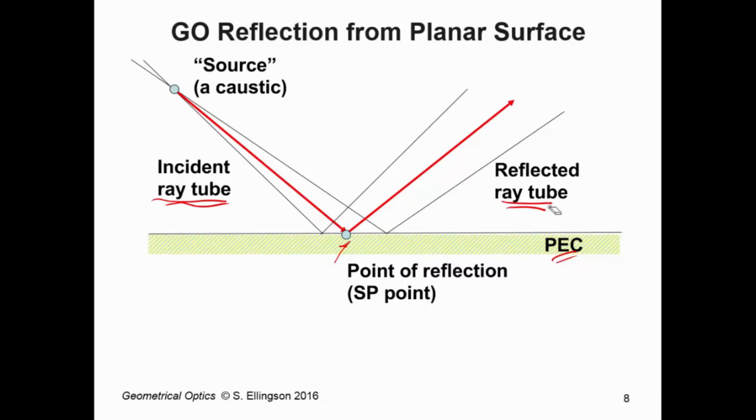Eventually, if we backtrack along the incident ray tube, there is some point, in 2 dimensions just one, in 3 dimensions there will be 2, but a caustic. And the caustic is the apparent source of all this. Now, is it the actual source? That depends on the details of the problem and how we apply geometrical optics.